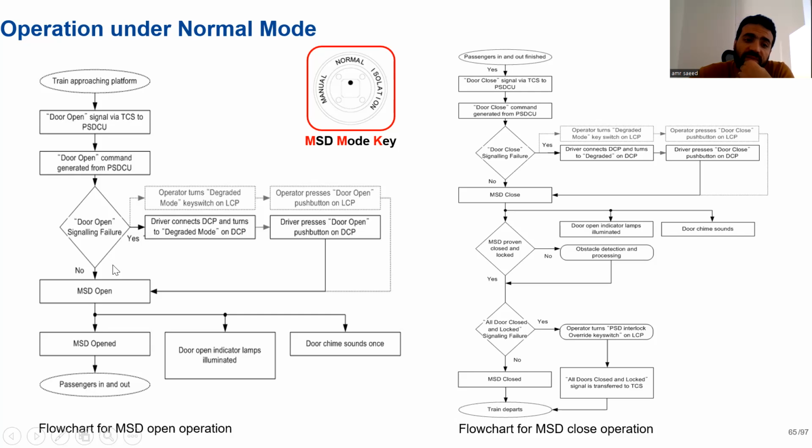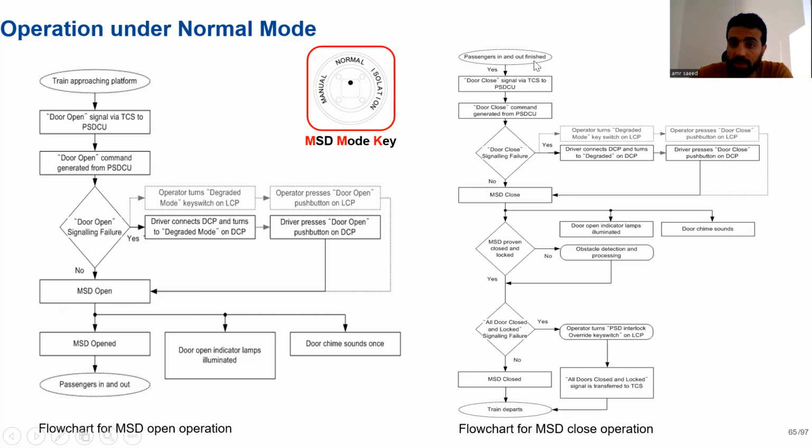If there is a failure in the automatic opening and closing of the MSCD, we can open the MSCD by using the DCB, the driver control panel. The driver can, by selecting the degraded mode and by plugging the cable from the rolling stock into the DCB, open the MSCD.